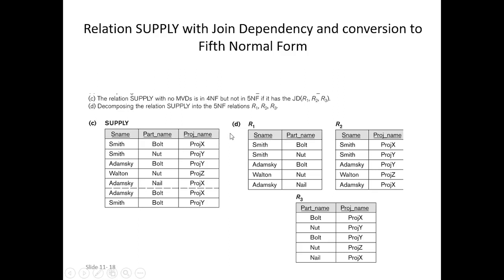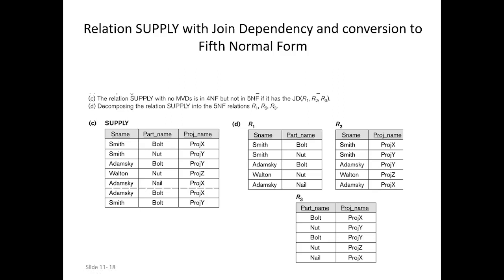Suppose we have an additional constraint: whenever a supplier S supplies a part P, and a project J uses this part P, and the supplier S supplies at least one part to project J, then supplier S will also be supplying part P to project J.